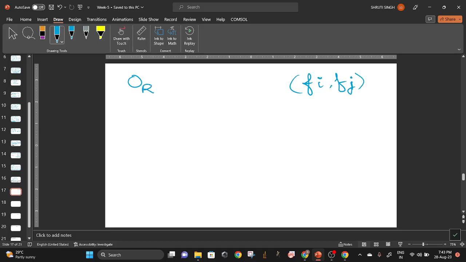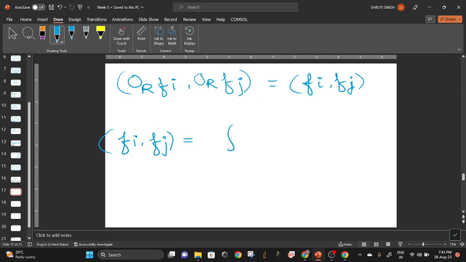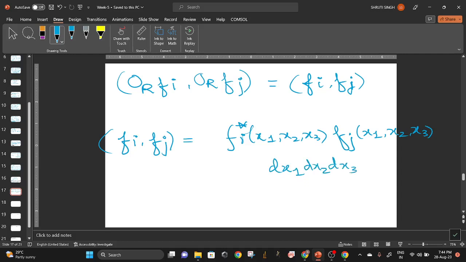This should be equal to the integration over the volume element d tau in x1, x2, x3.